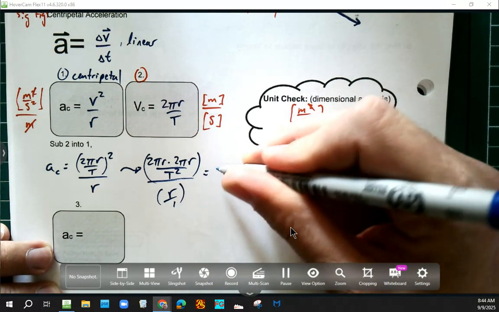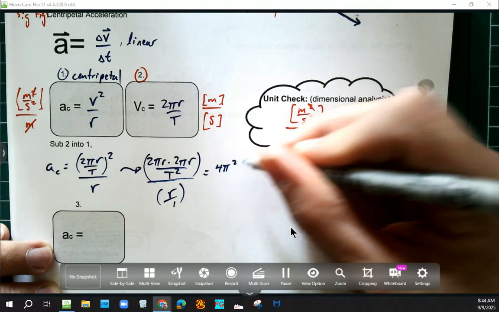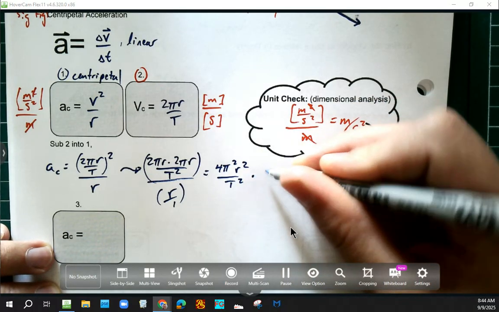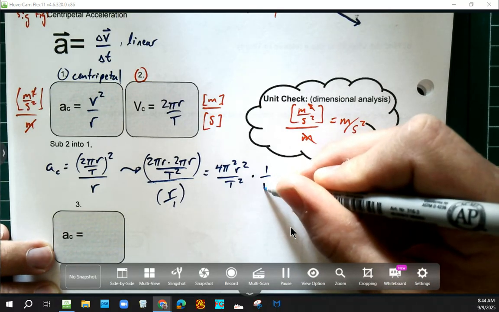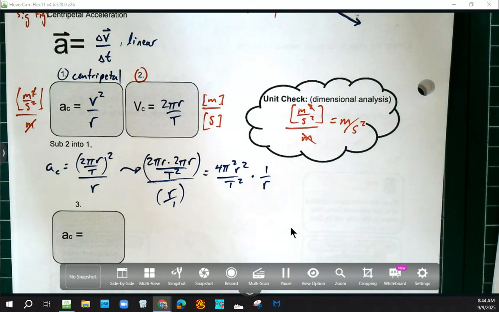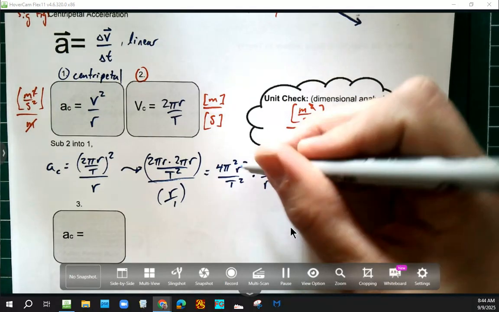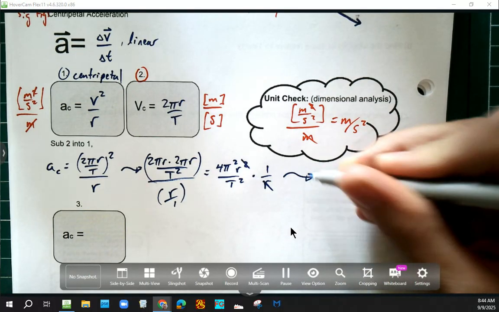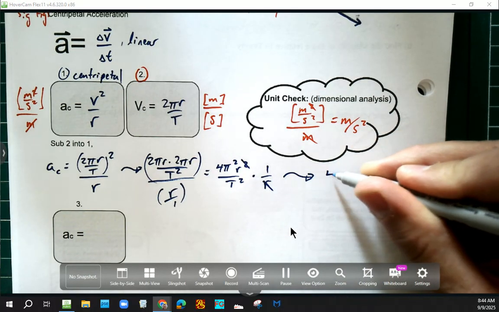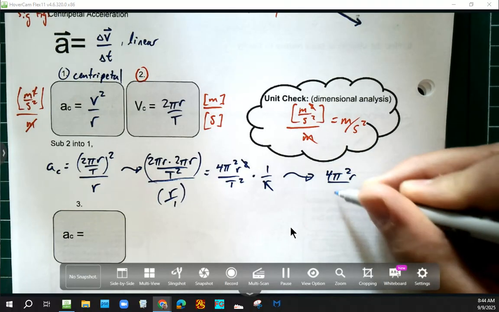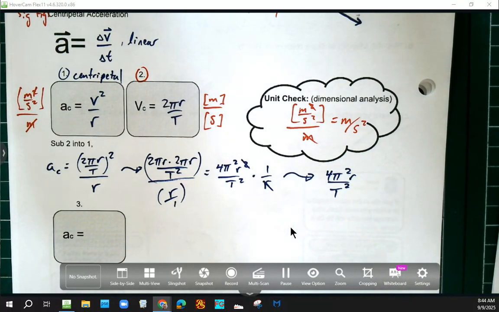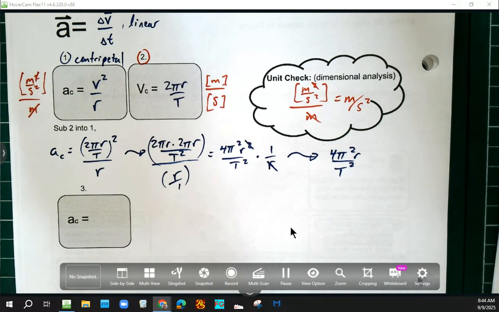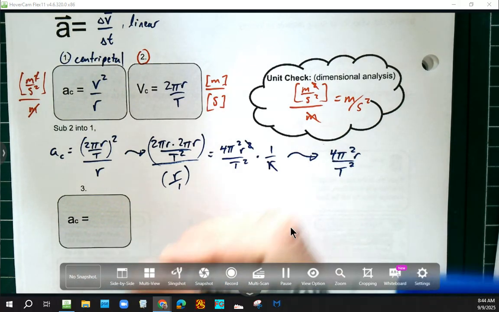And I can say, okay, well that means I've got 4 pi squared times r squared over period squared times 1 over r. And I'm inverting and multiplying that denominator fraction. But then that's going to allow us to cancel out the r. And then that finally gets us 4 pi squared r over period squared. So we got the second equation for centripetal acceleration, where we sub in that definition of circular speed into the centripetal acceleration equation.